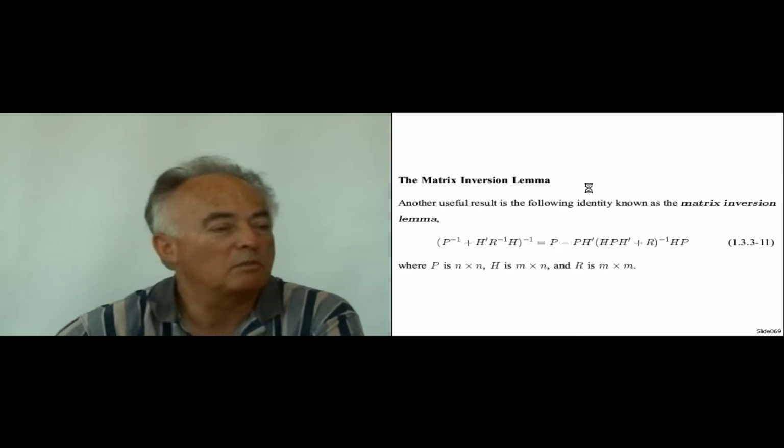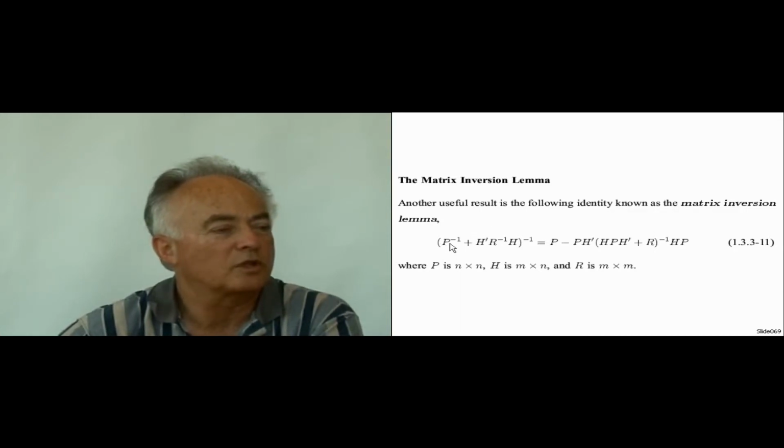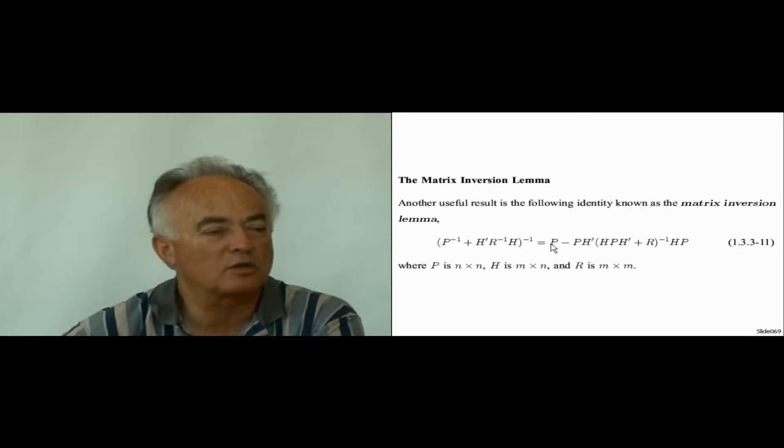Okay, now there's a matrix inversion lemma. It turns out that an expression consisting of the inverse of a matrix P plus an H transpose inverse of matrix R H can be written in terms of P and R as P minus PH transpose (HPH transpose plus R) inverse HP.